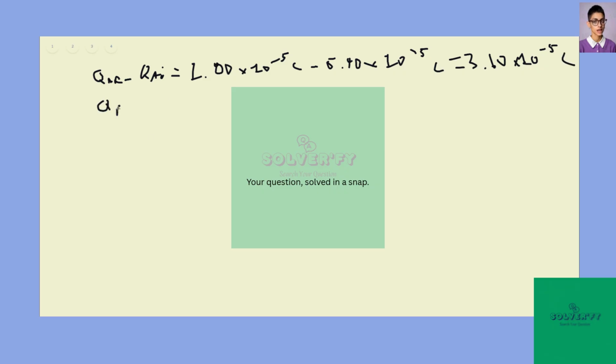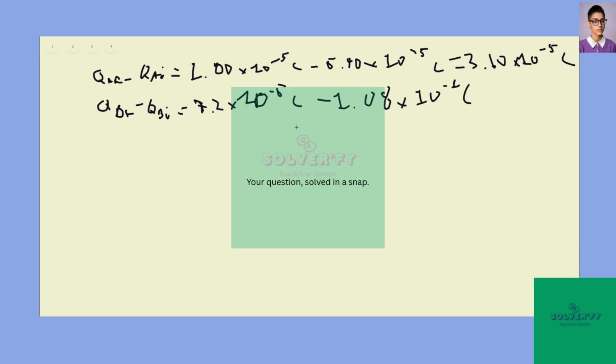And QB final minus QB initial is going to be equal to 7.2 times 10 to the minus 5 coulombs minus 1.08 times 10 to the minus 4 coulombs, which is just 10.8 times 10 to the minus 5 coulombs.